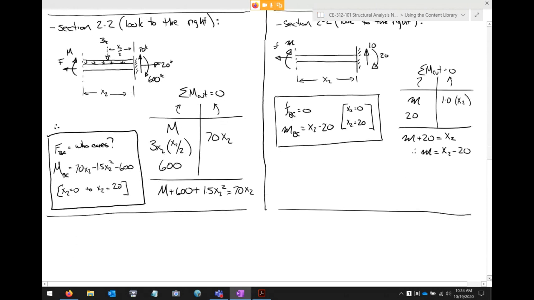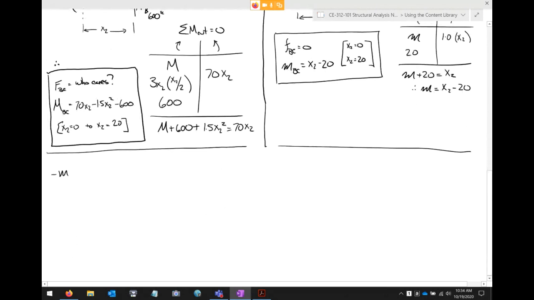All right. So if I'm looking at the method of virtual work, let's start off with the flexural part. So the flexural deflection is going to be the sum of all the integrals of little m big M over EI.